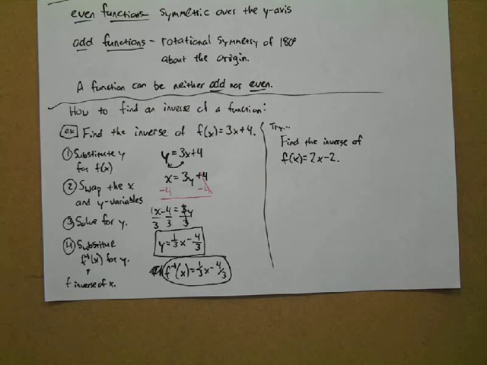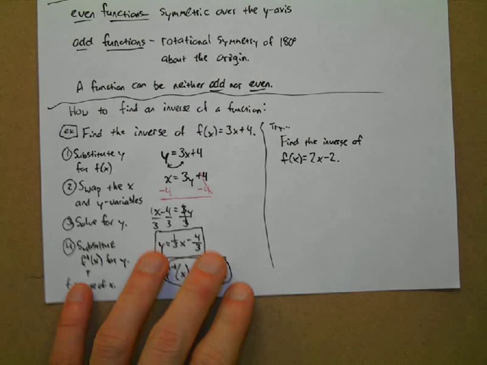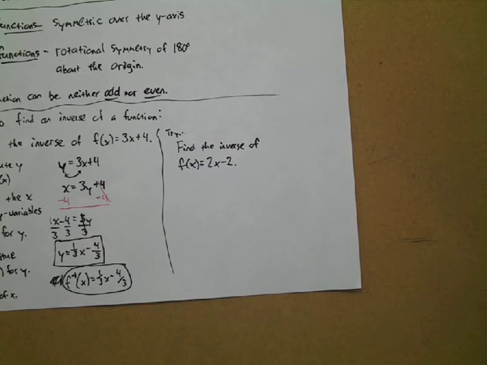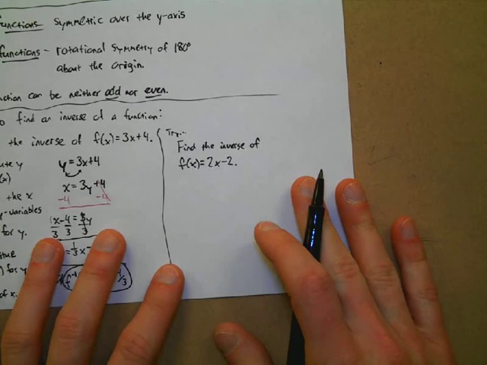Put y for f of x, and now you swapped it and made it x equals 2y minus 2, like that. Added 2, so we get x plus 2 equals 2y. Yep. Then I divide by 2 both sides. Yep, so divide each piece by 2. The 2y and the 2 cancel, so we're left with y equals, and then what's left? Very good.